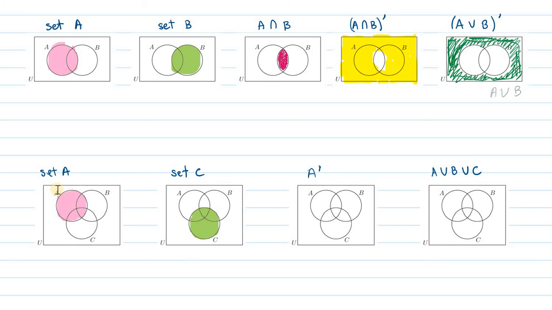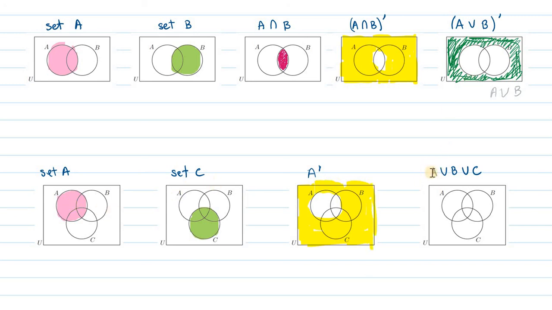Everything that's not A in this diagram would be all of the stuff that's white. The stuff that is pink is A. The stuff that is white is not A. So in our example, we would shade in everything that wasn't in the A circle, like so, including that little smidge up top.